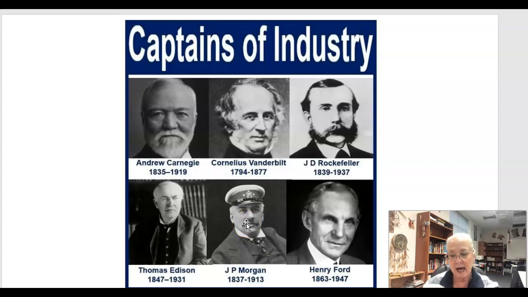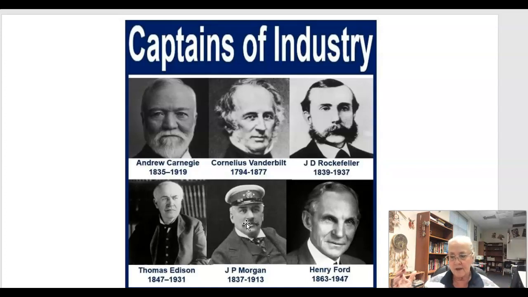And so some of these guys are in railroads, some are in steel, some are in oil, some are in the automobile industry, and they're going to be called captains of industry if you liked them. If you didn't like them, you called them robber barons. But it was exactly the same people. So if you'll notice in your notes, I had kind of listed the characteristics depending on if you liked them or not.